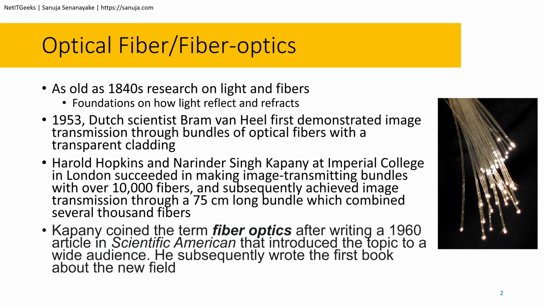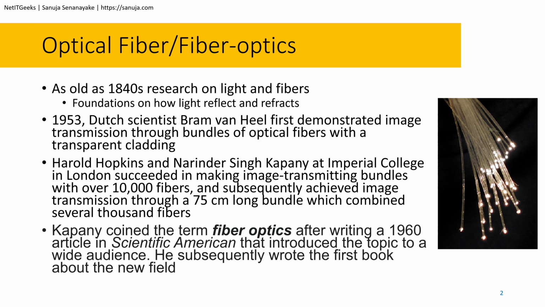In 1953, Dutch scientists first demonstrated image transmission through a bundle of optical fibers with a transparent cladding. What they were able to do is basically transmit an image, some kind of visual representation, through a bundle of optical fibers from a distance away from the position of the image.